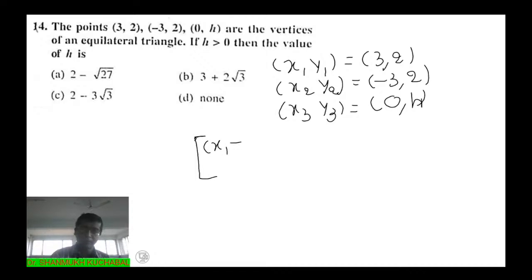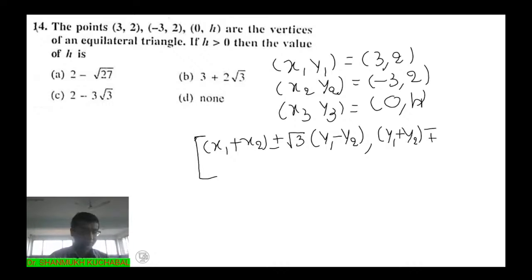It is (x1 plus x2 plus or minus root 3 times (y1 minus y2)) divided by 2. Similarly, one more: (y1 plus y2 minus or plus root 3 times (x1 minus x2)) divided by 2.